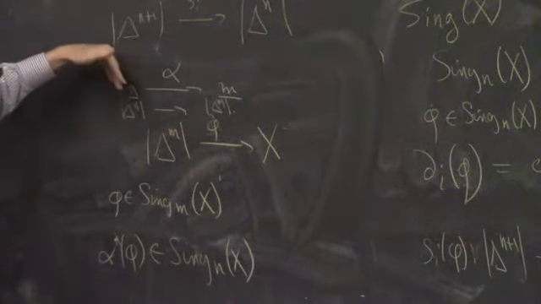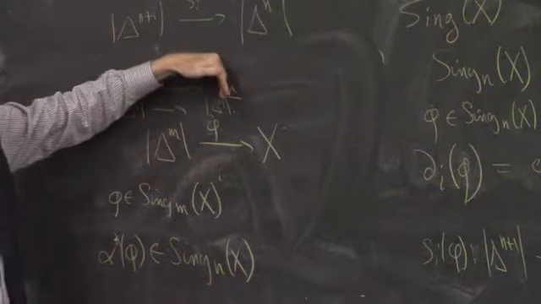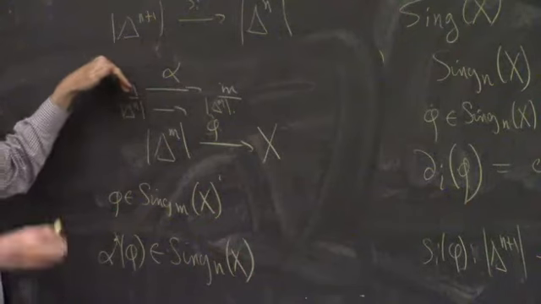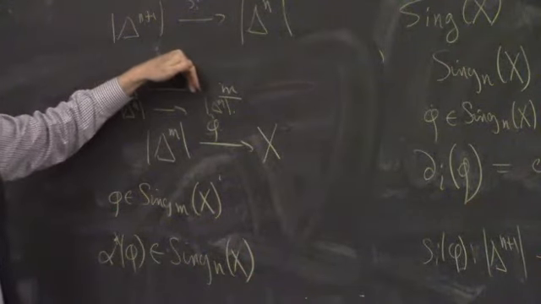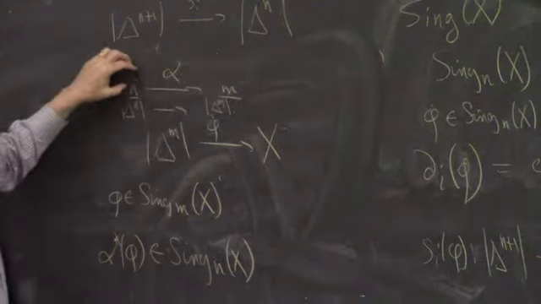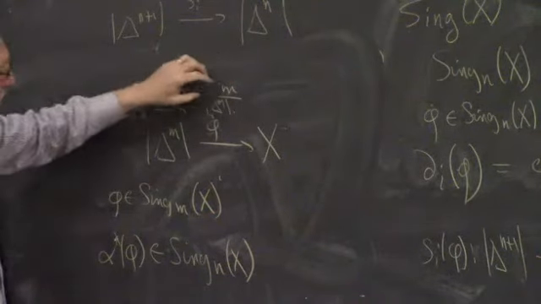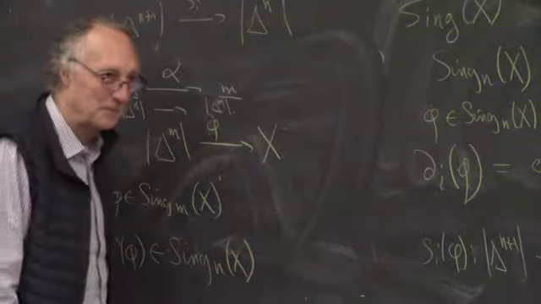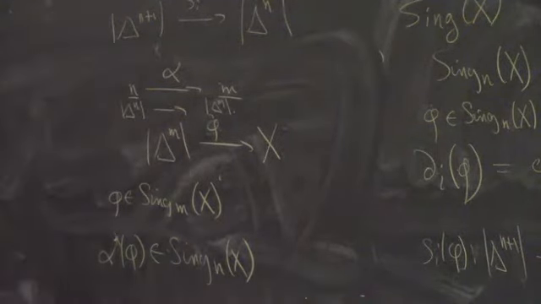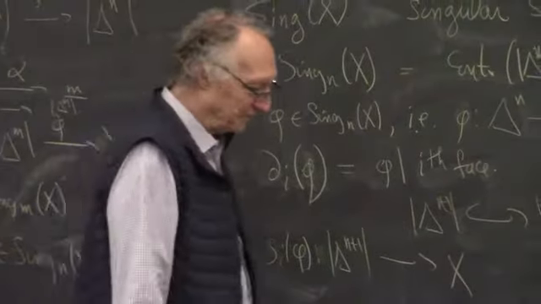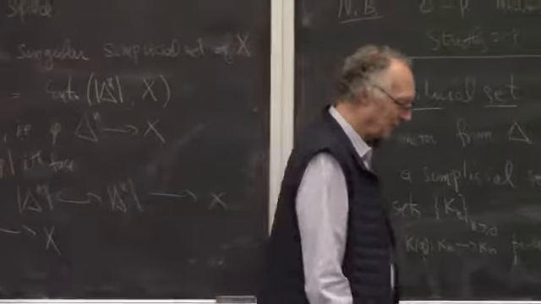So this is the generalization of restricting to a face, that's composing with the face map, or the degeneracy, which is composing with the degeneracy map. You can compose with any simplicial map, but we're only interested in the order preserving simplicial maps. Okay. So that's the singular simplicial set.